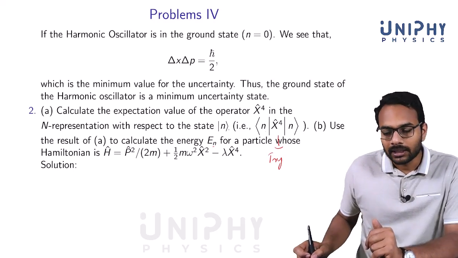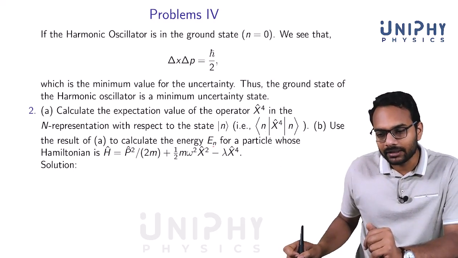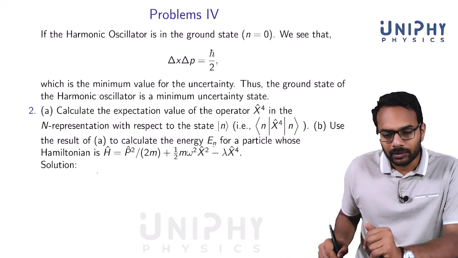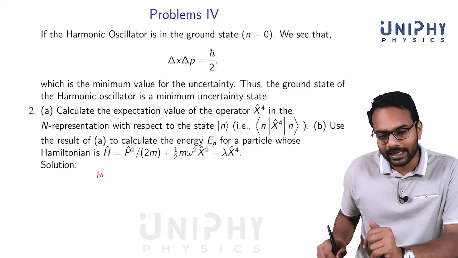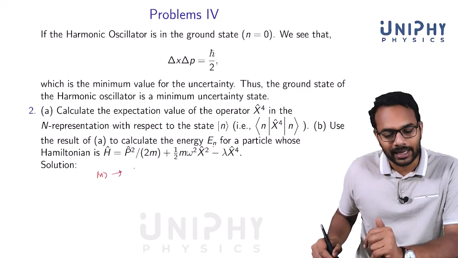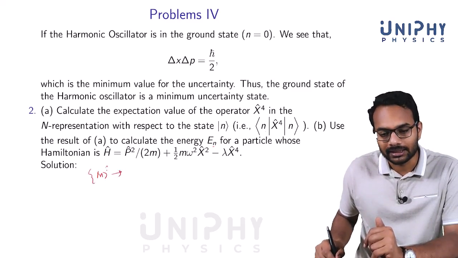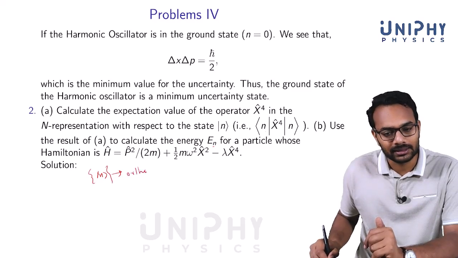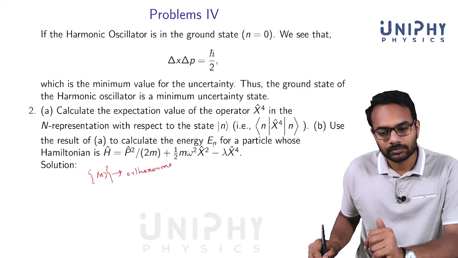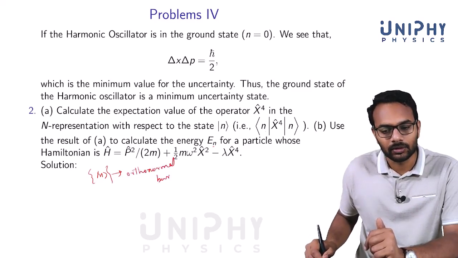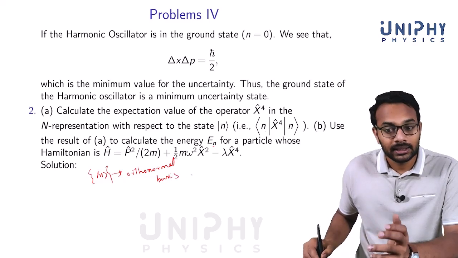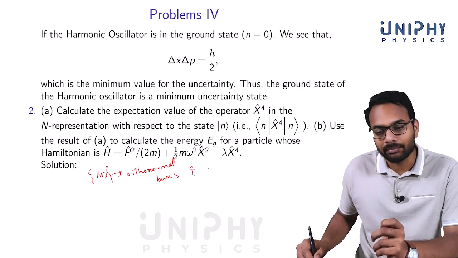Now, what we do here is slightly different. We will make use of the fact that these states n form a complete set. It's an orthonormal basis. This means that it obeys a completeness relation of this form.